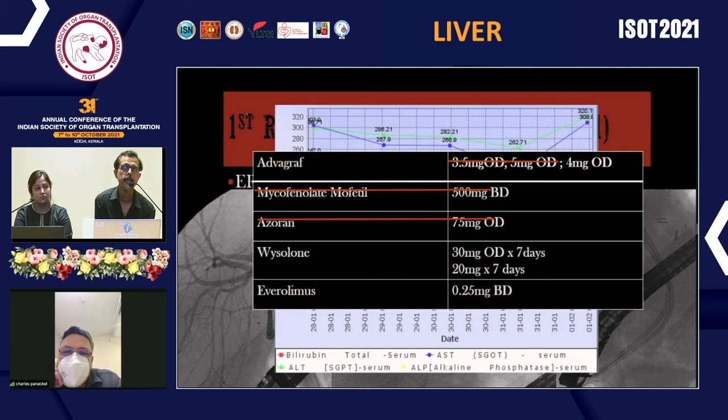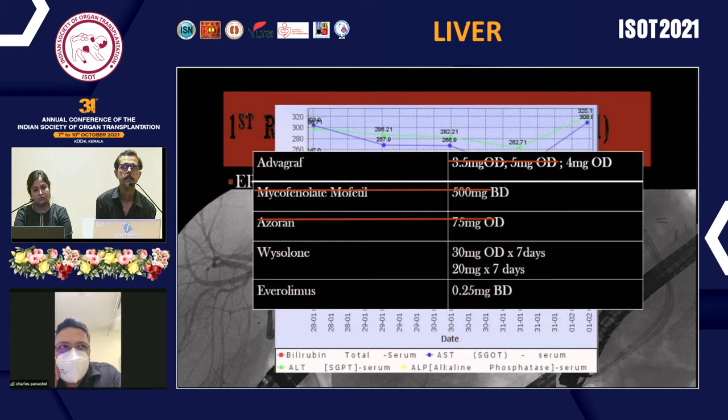Even if you see a biliary stricture on MRCP, you would go ahead with the biopsy first? Yeah, see, the first biopsy showed acute cellular rejection, a score of 6/9, and you have seen that the bilirubin is high, enzymes are high, and you are constantly giving him steroid for 5 days.